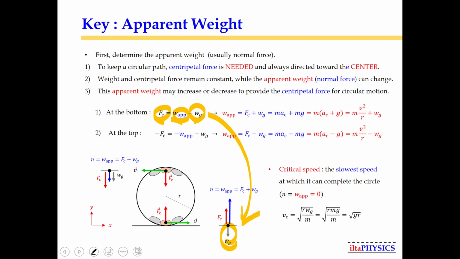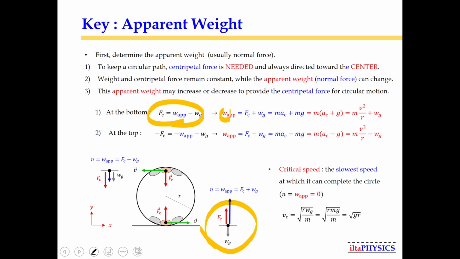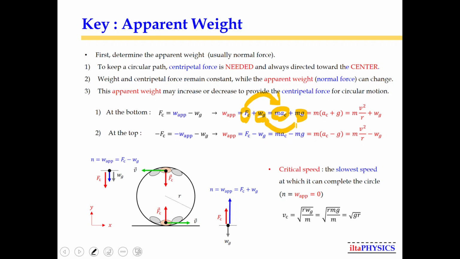If we solve this for apparent weight, it is calculated as the sum of the centripetal force and the actual weight. Here, centripetal force is the product of mass and centripetal acceleration, and weight is the product of mass and the acceleration due to gravity. So, to summarize, apparent weight equals mass times the sum of centripetal acceleration and gravitational acceleration.